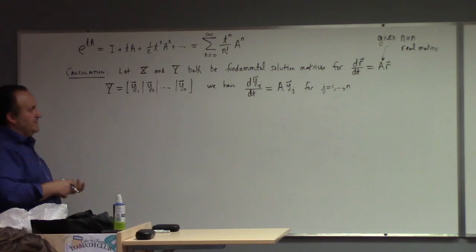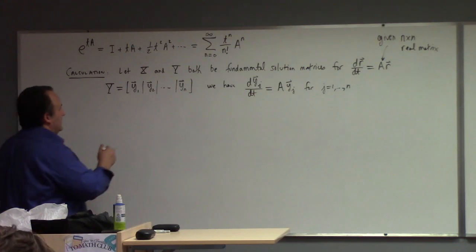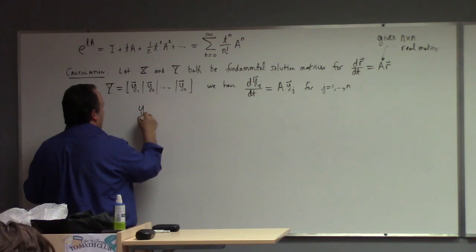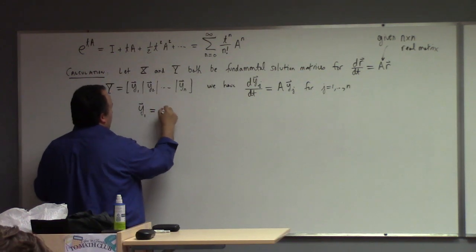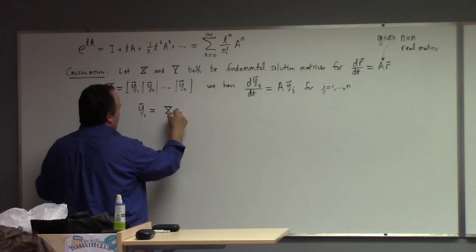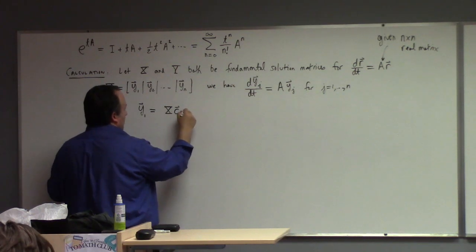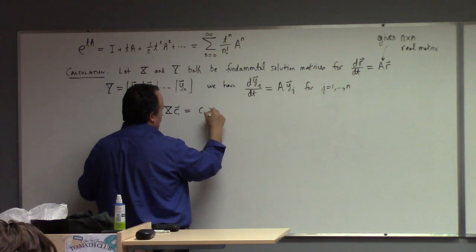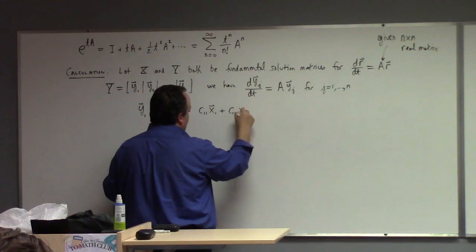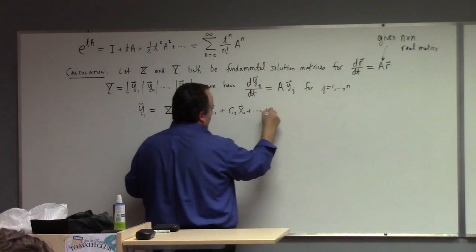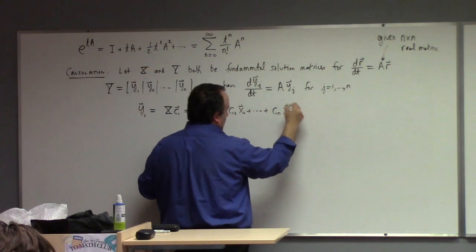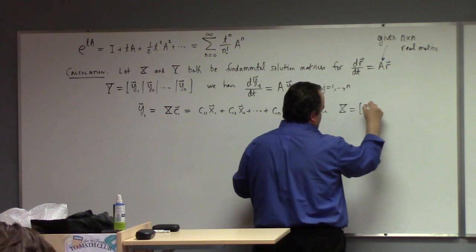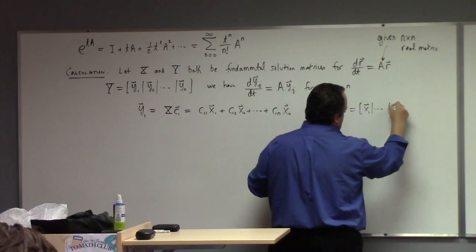But X is also a fundamental solution matrix. So we can write y1 has to be equal to X times a constant vector c1. What this would be is c11 x1 plus c12 x2 through c1n xn, right? Where I'm using x1 through xn for the columns of X as well.